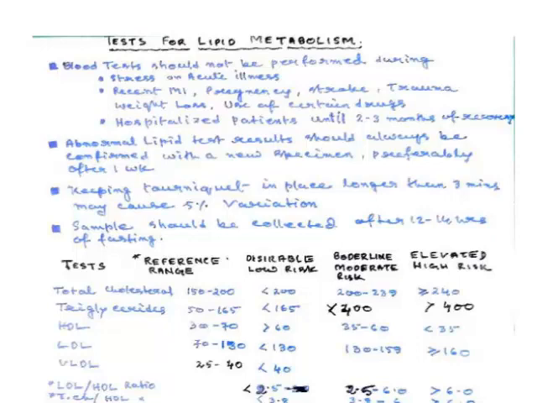Why 12 hours? In case of blood glucose, we usually advise 8 to 10 hours fasting. But in case of lipid, he or she should definitely be kept in 12 hours fasting, because otherwise the chylomicrons of the diet will come and interfere.